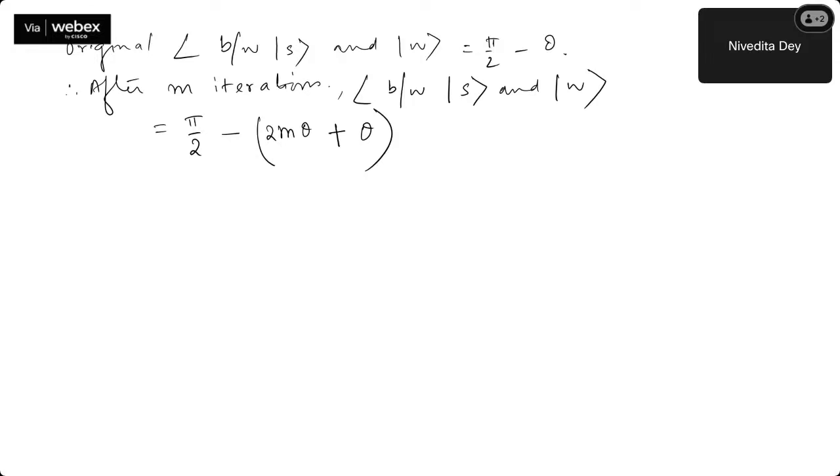Okay, so it will be pi by 2 minus (2m plus 1) times theta.